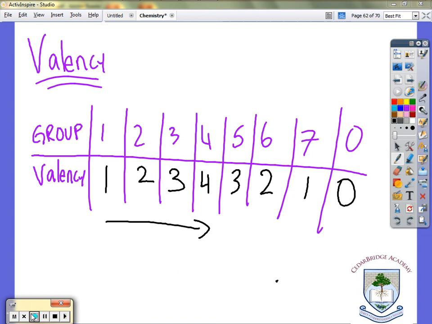Okay, so we just worked out the formula based on valency numbers. Now we're going to work it out based on ionic charges. So the ionic charges are just like the valency numbers, but they were what I was doing before, the pluses and the minuses. Of course group 4 is going to be plus or minus, it doesn't really matter. It's that ambiguous one.